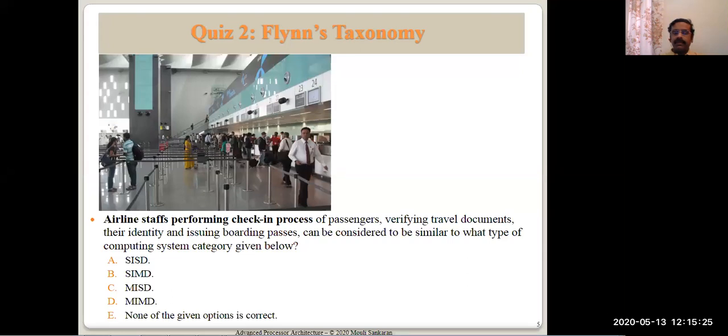It depends on what we call it. We are making the airline staff a CPU, and what is it doing? It is executing a set of instructions on different data in parallel. They are all doing it in parallel. Multiple passengers get checked in simultaneously. All those airline staff perform the same job.